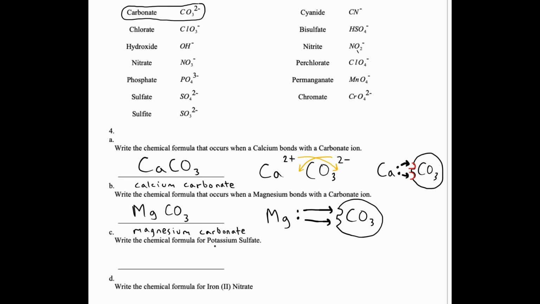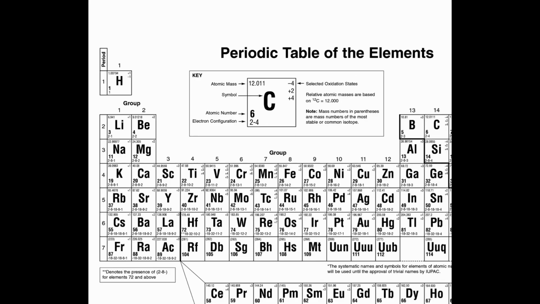What about this one? Potassium sulfate. So sulfate is this polyatomic ion, SO4. So a sulfur bonded with 4 oxygens. It tends to accept 2 electrons, is what that says. We see that potassium K here is in the first column, so it actually wants to donate just one electron.